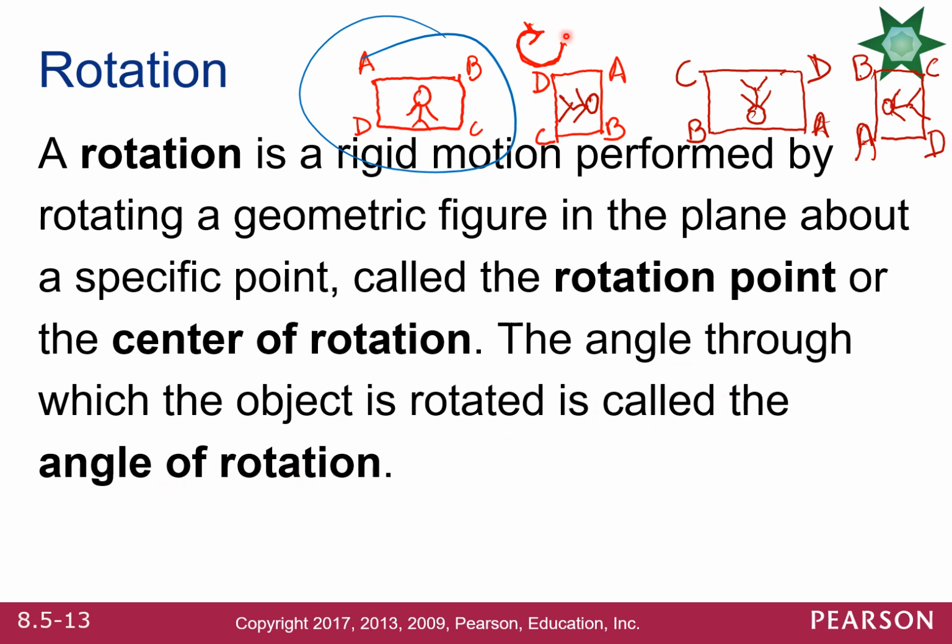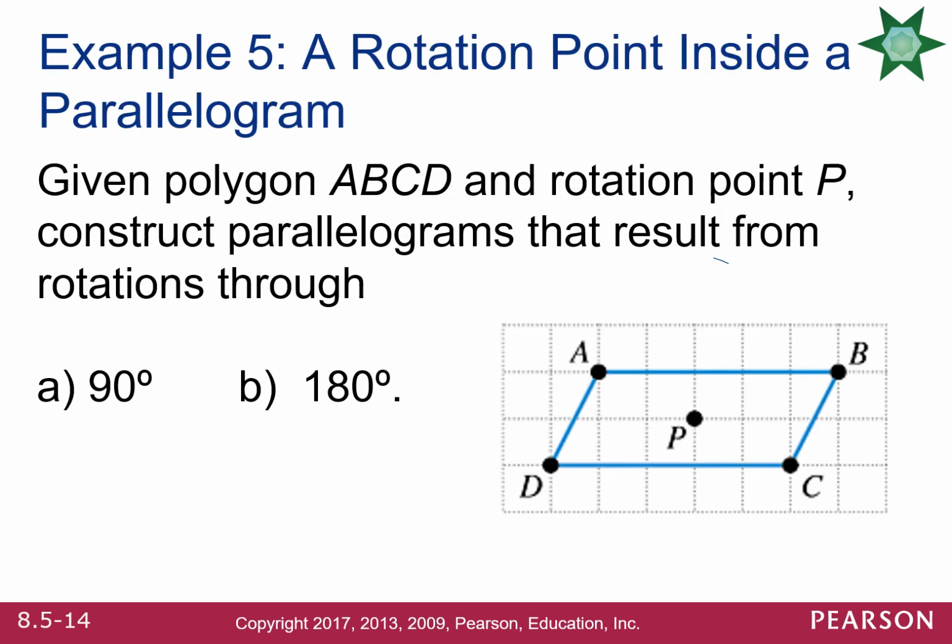When we clicked on it once and it rotated by 90 degrees, that's the angle of rotation. If you clicked on it twice, the angle of rotation would be 180 degrees, then 270 degrees, and then back to the original position, but it would have rotated 360 degrees.